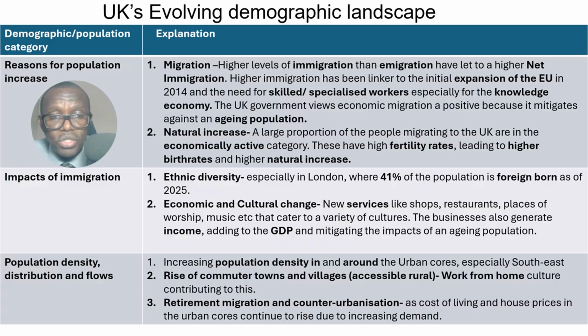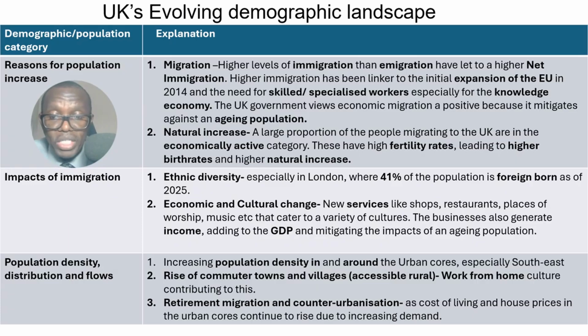So the second reason for why the population of the UK is increasing is natural increase. Now, a large proportion of people that are migrating into the UK are economically active. So they are the people who actually move to the UK to work. And these are the people that are considered to have high fertility rates.